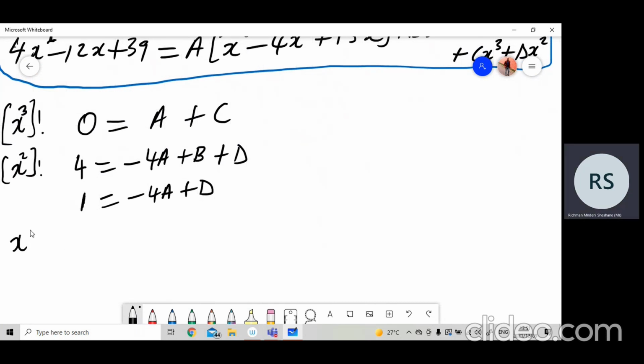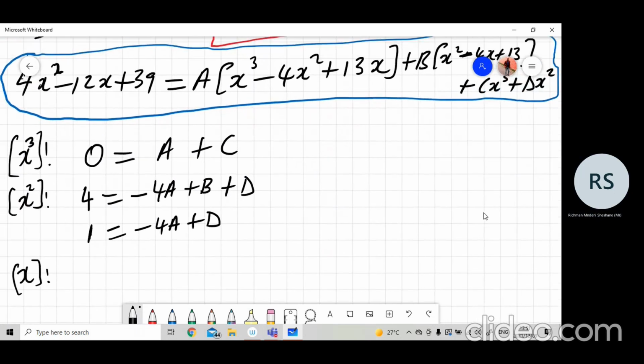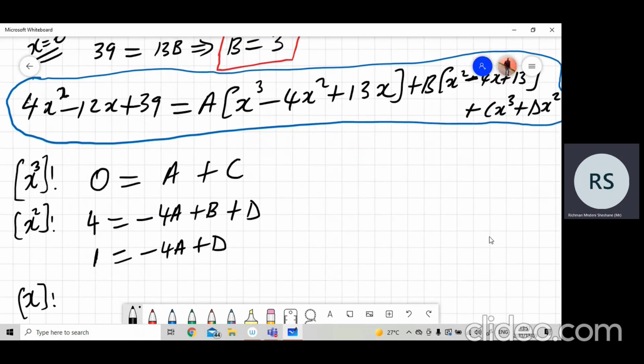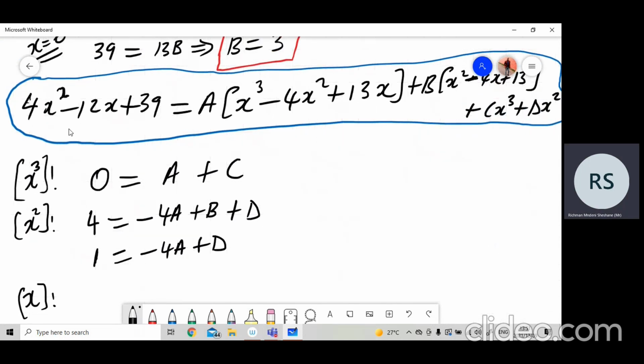The next power is x to the power of 1. So let's look at this expression. X to the power of 1 on the left hand side, the coefficient of x is minus 12, equal to the sum of the coefficients of x on the right hand side.